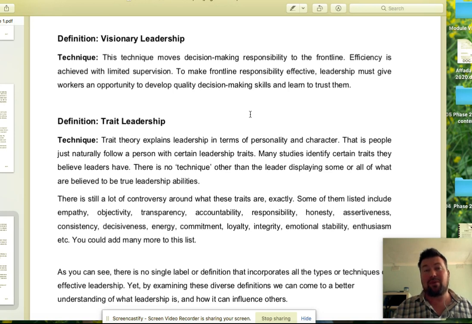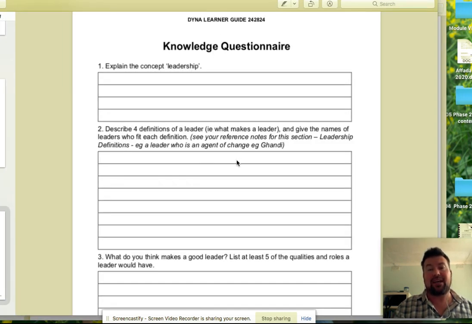And so you've got a whole bunch of different leadership styles or different leadership definitions. So what you need to do is you need to choose four of them, okay? And who you would see as someone who embodies that definition of leadership. So as they say, a leader is someone who is an agent of change, someone like Gandhi. Transformational leadership. Who are people who have done that?